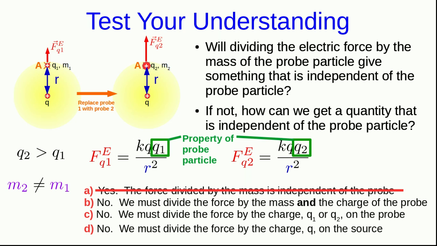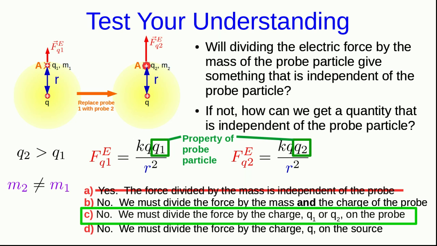It's just those charges, the Q1 and the Q2. Those are properties of the probe particle. And so those are the parts we need to effectively drop out of the force to get the field. And to do that, we just have to divide the force by that charge, Q1 or Q2, which is carried by the probe. And so the answer is C.